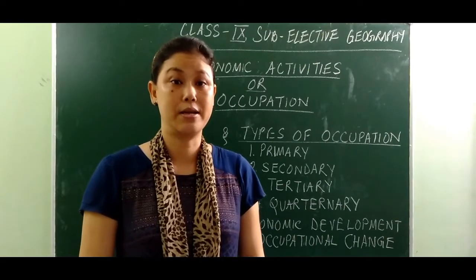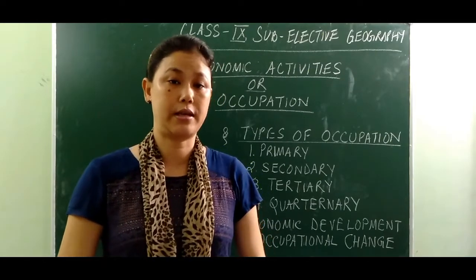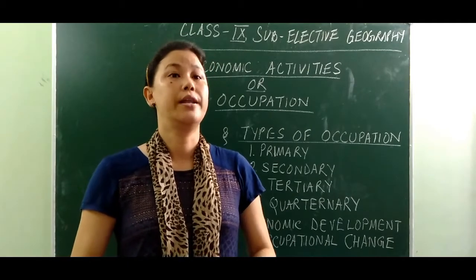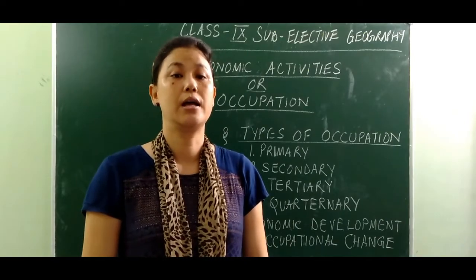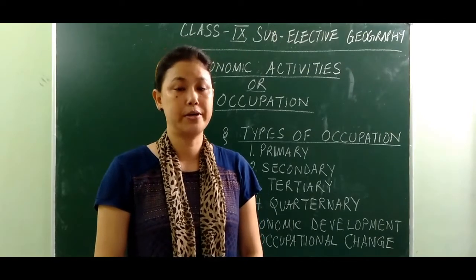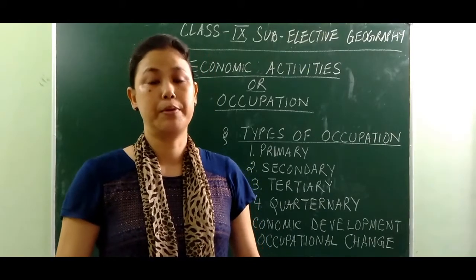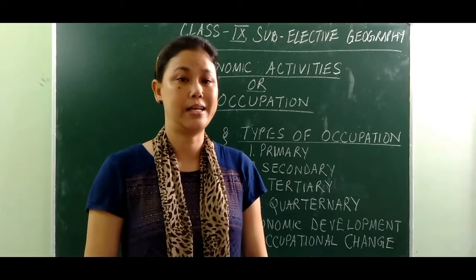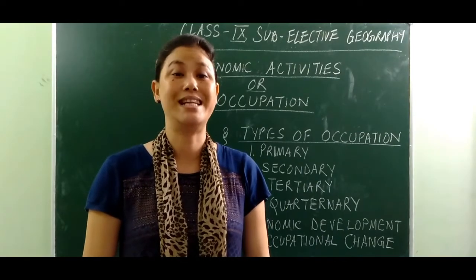What is primary occupation? As I have already explained in the previous class, occupation is an activity that somebody does to earn his or her livelihood. So primary occupation is the occupation where the people depend directly on the collection of the resources that are found in nature.